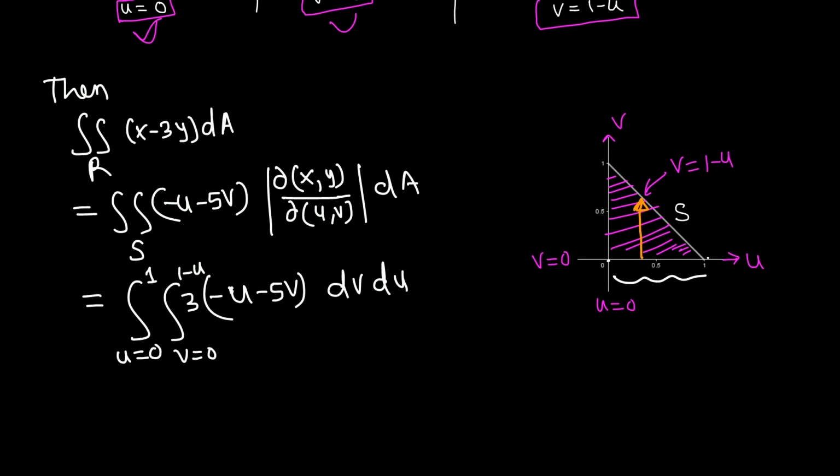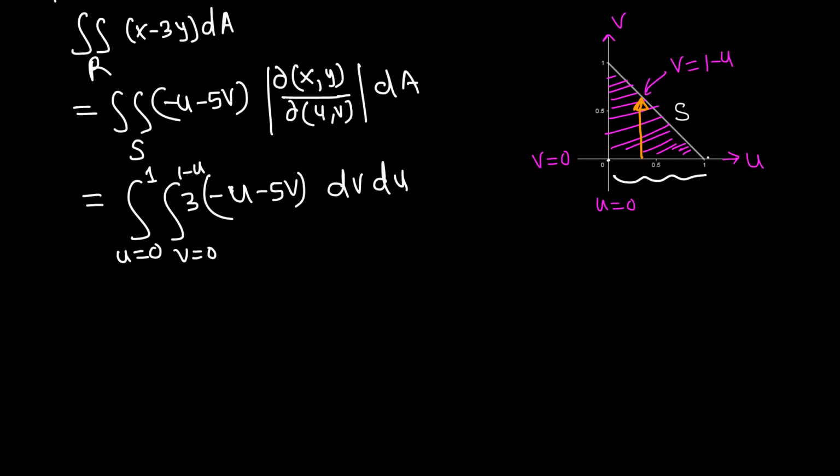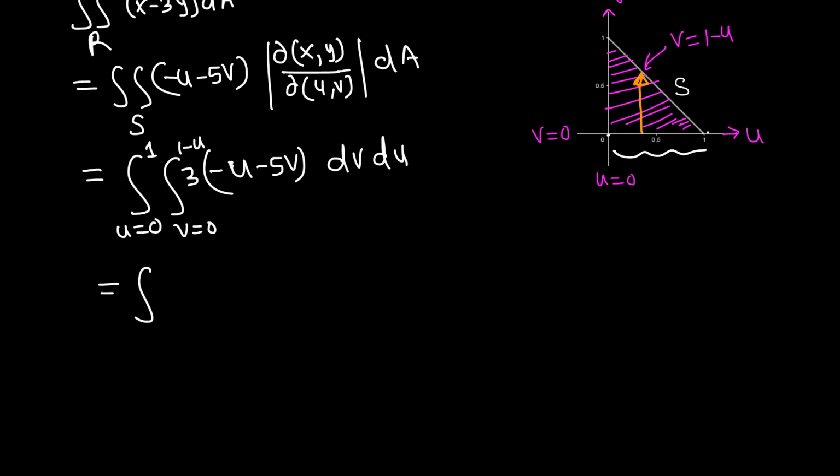Now this should be simple enough to integrate. Let's do it. Outside, u goes from 0 through 1, and this 3 we can pull all the way outside if we like. The antiderivative with respect to v: u is a constant, so negative u v, minus 5 times v squared over 2.